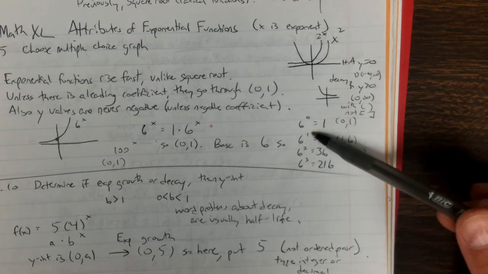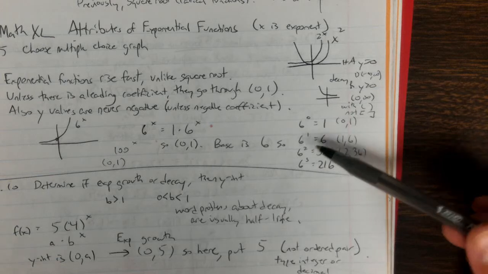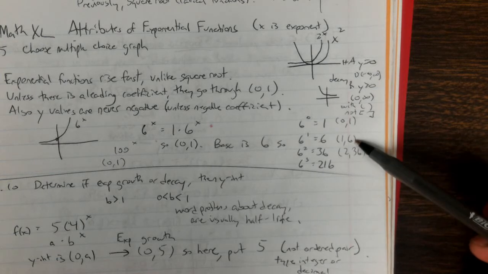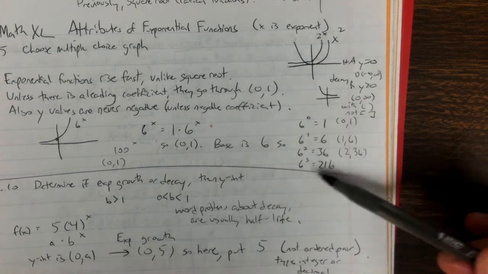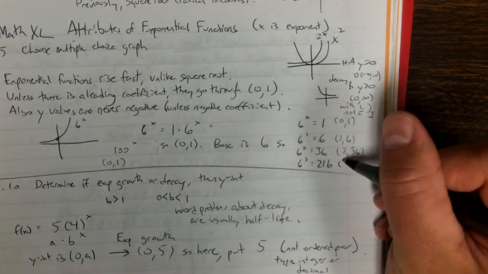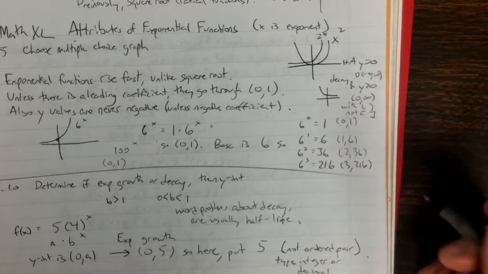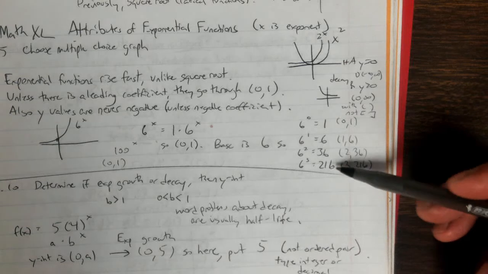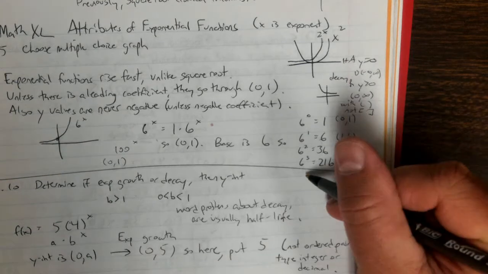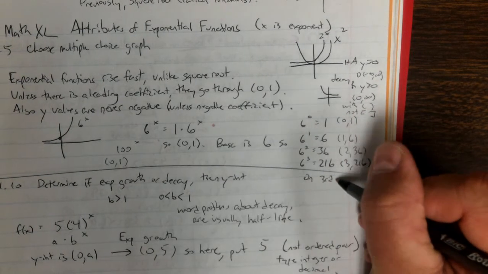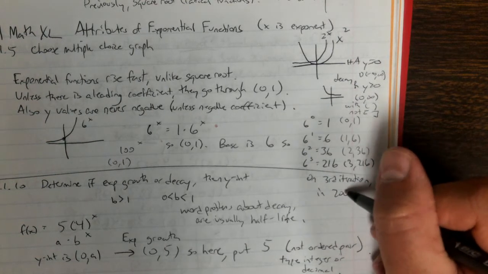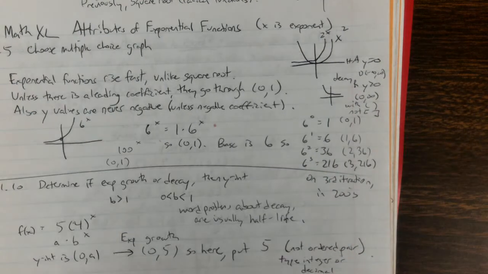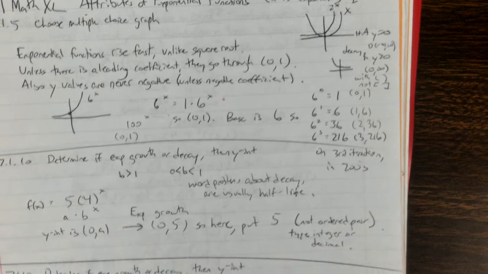And 6 to the first is 6, so that's your ordered pair 1, 6. Then for 2 it'd be 36, and for 3 it would be 216. So on the third iteration it's in the 200s. That goes up very, very fast.